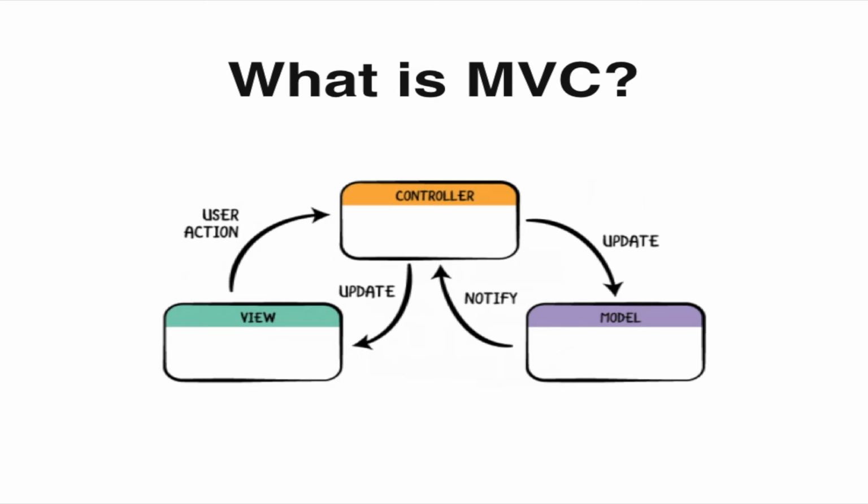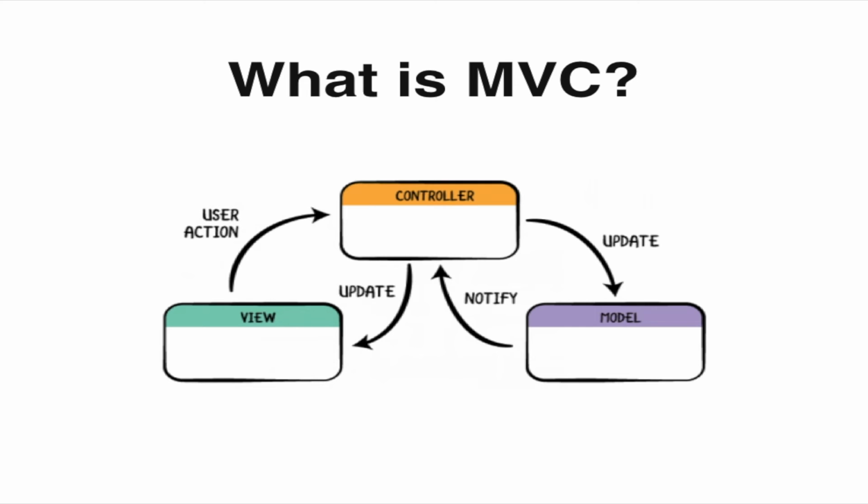And C means controller. So what is controller and what is the use of controller? The controller means you control your application using your view and model parts. You can see your view part is updated by the controller, and the controller is updated by your model part.